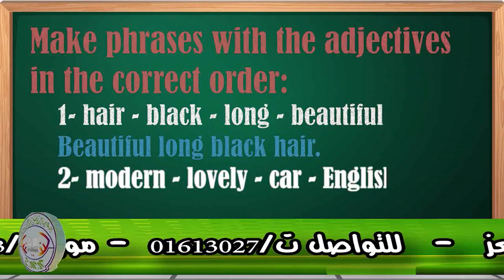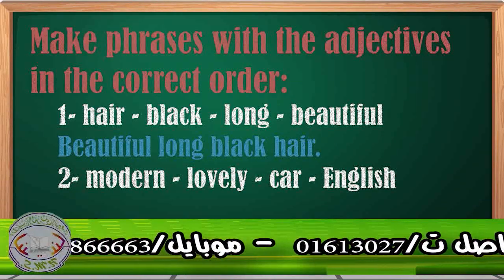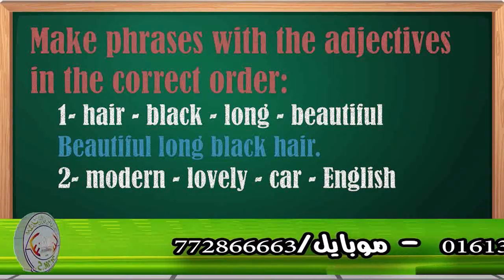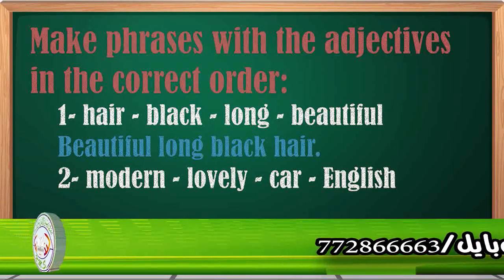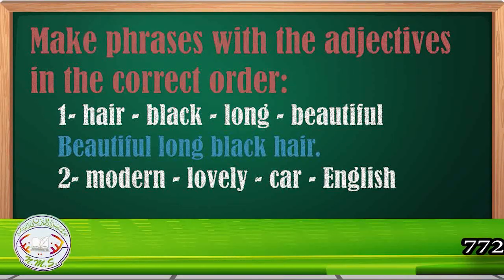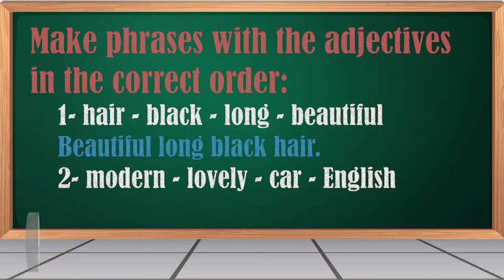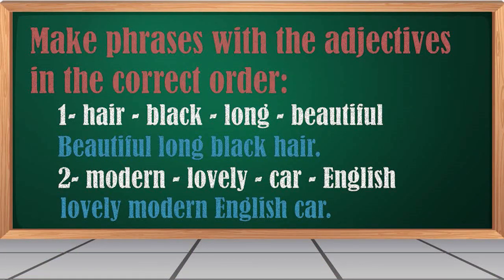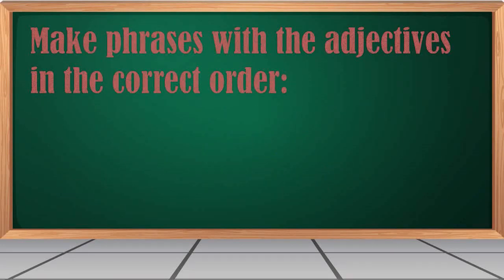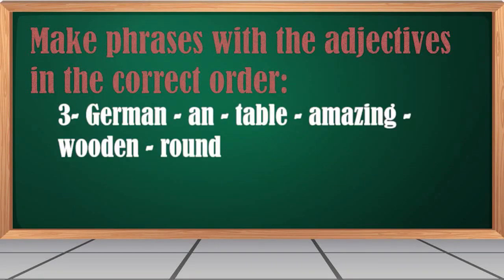Number 2, modern, lovely, calm English. So the answer will be lovely, calm, modern English. Number 3, German and table, amazing, wooden, round.